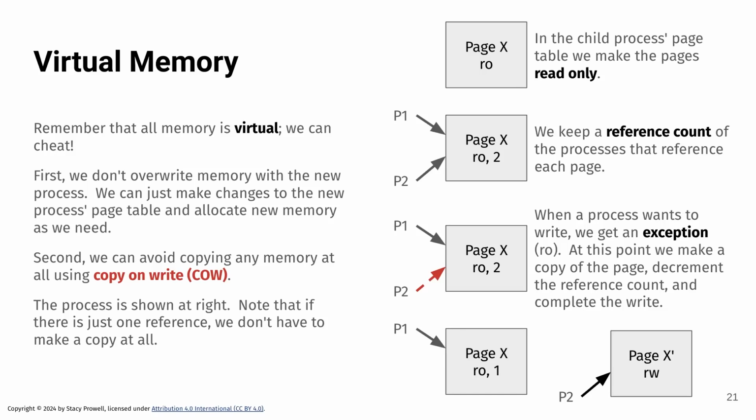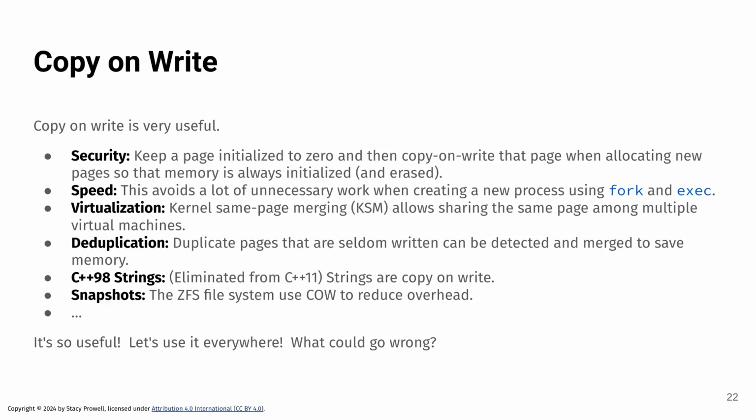And copy on write is a really super useful technique, not just for fork and exec, but for a lot of things. There are some security tricks you can do. I can keep a page initialized to 0, and then I just do a copy on write whenever I allocate a new page so that memory is always erased. So I grab a page and it comes back to me full of zeros.